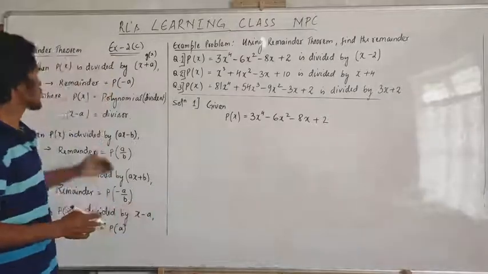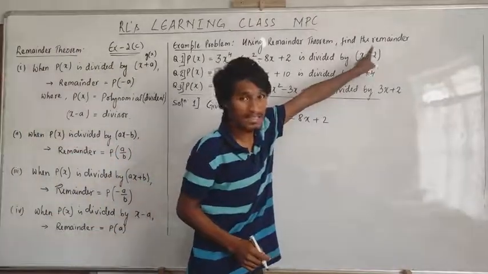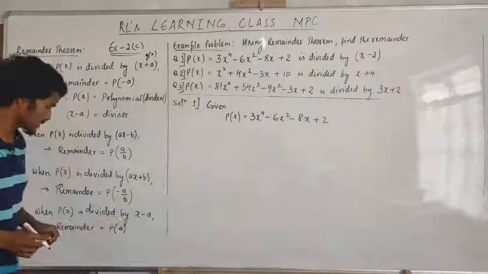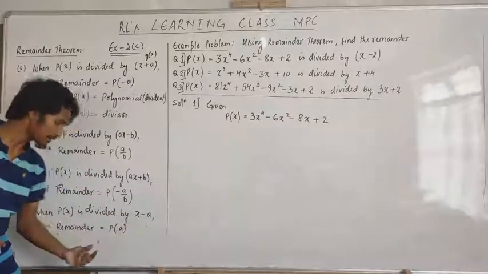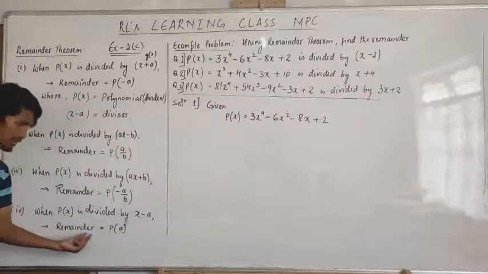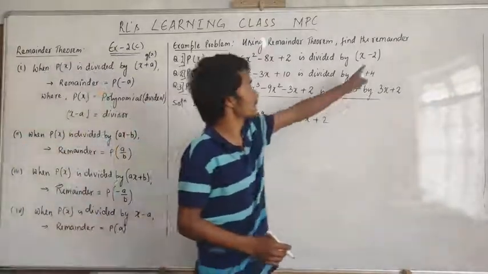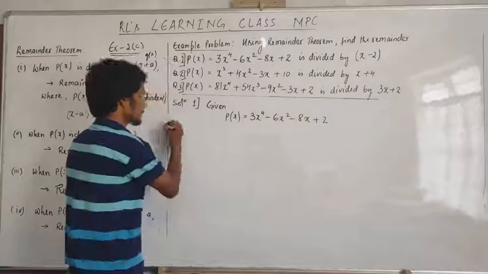According to this formula, here it is x minus 2, so x minus a, and we use p of a. The remainder is equal to p of a, and here what is a? 2.